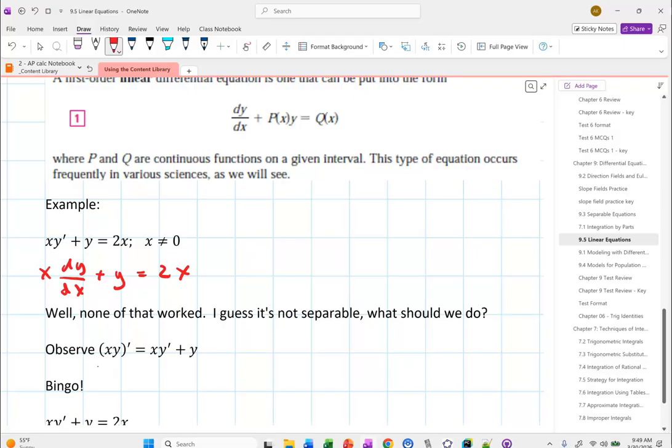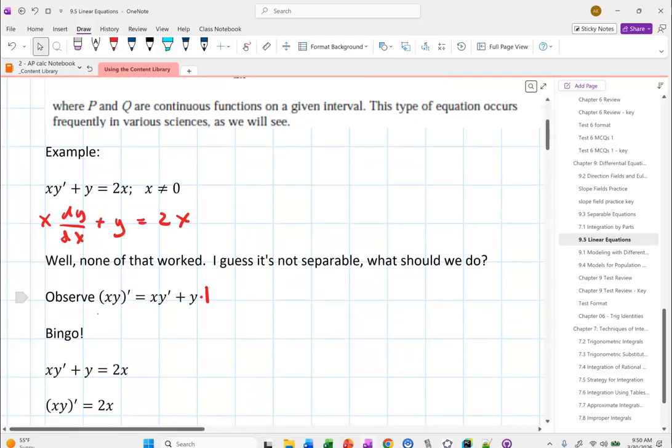Well, here's the idea. If I think about x times y and its derivative, that would include doing a product rule. We'd have x times the derivative of y plus y times the derivative of x, which would just be 1, since it's a derivative with respect to x. That's why it's y prime, like 1 times dy/dx. It's like an implicit differentiation kind of thing going on. Well, that's exactly what we have here.